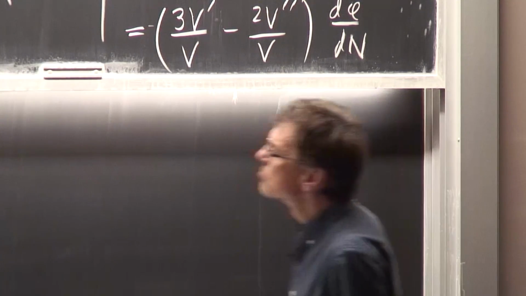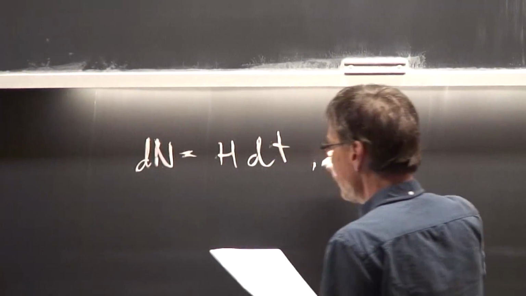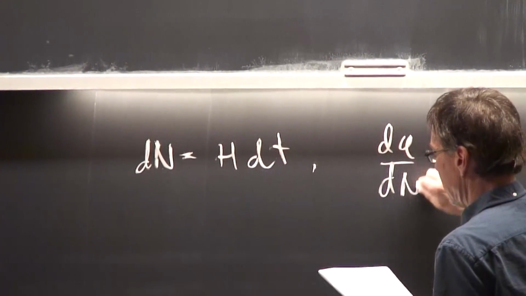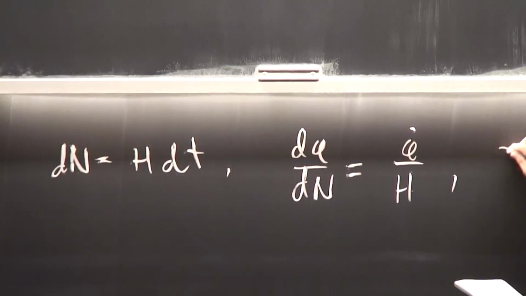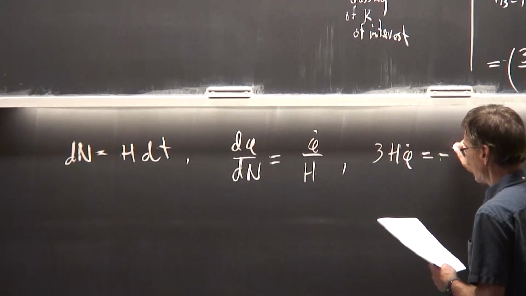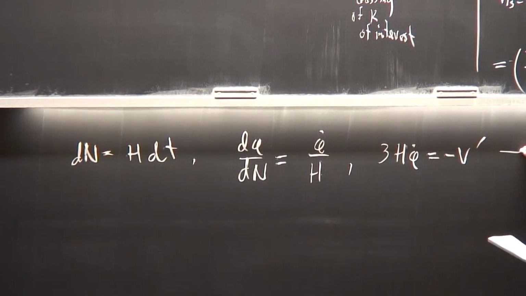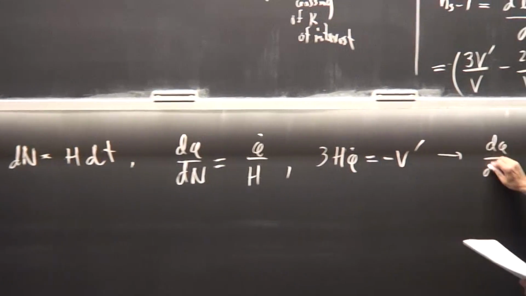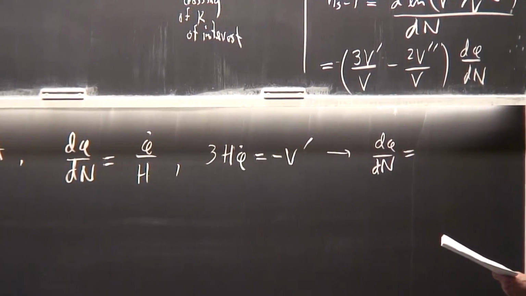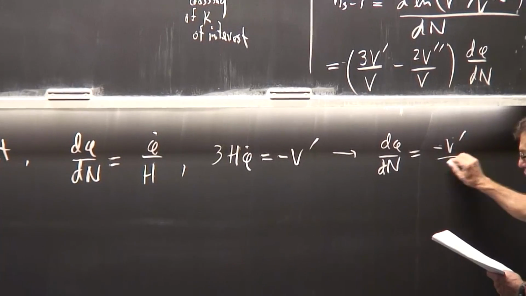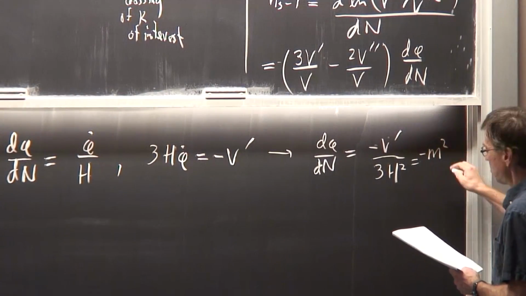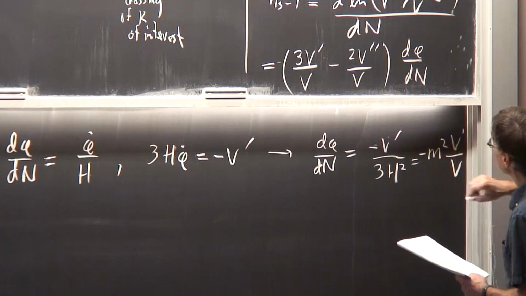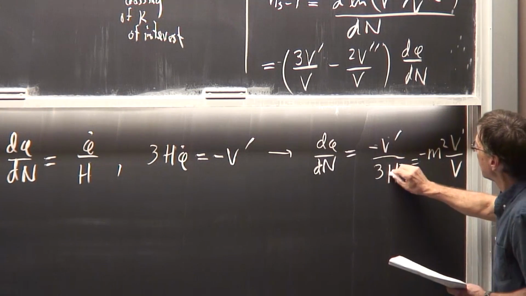Now remember that dN is H dt, so d phi dN, that's phi dot over H. And we also have 3H phi dot is equal to minus V prime. So d phi dN is minus V prime over 3H squared, which is minus m Planck squared times V prime over V.